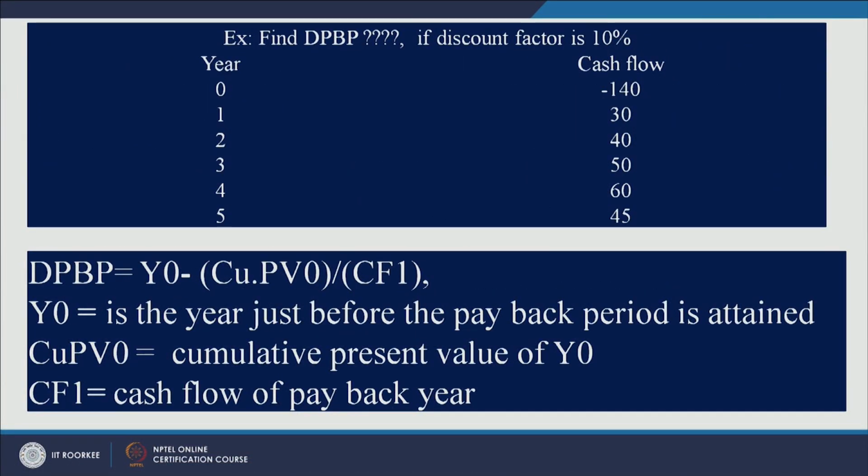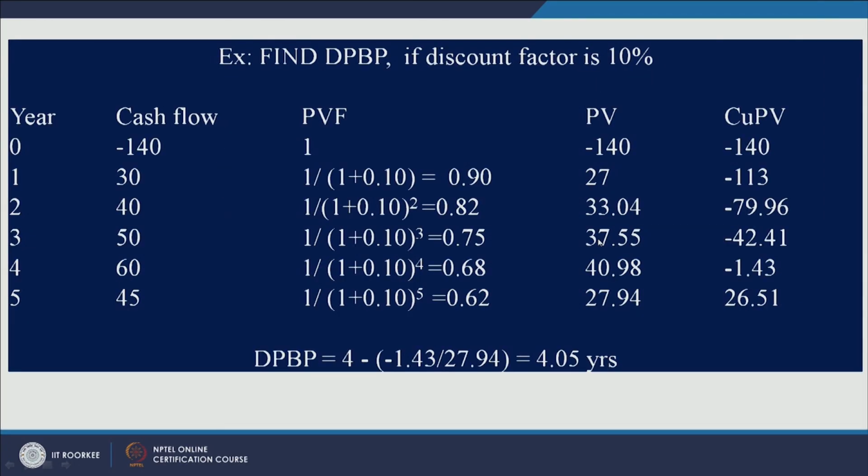We have also seen this example wherein we have been given cash flows over here. This was cash outflow and these are cash inflows, and the discounting factor is 10%, right. We did solve this question in the previous session.